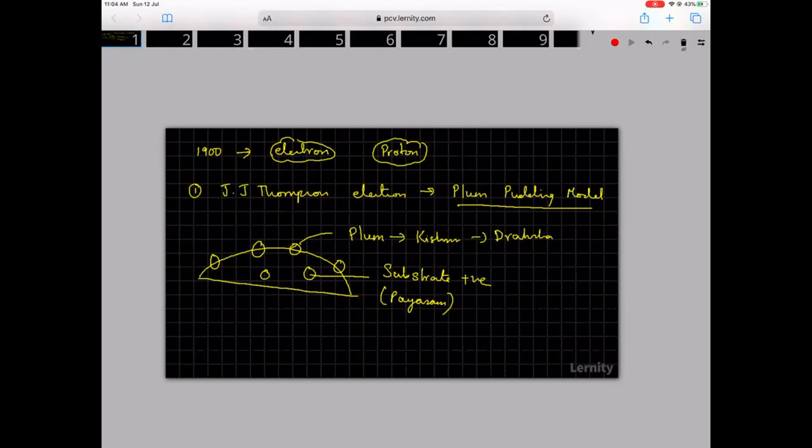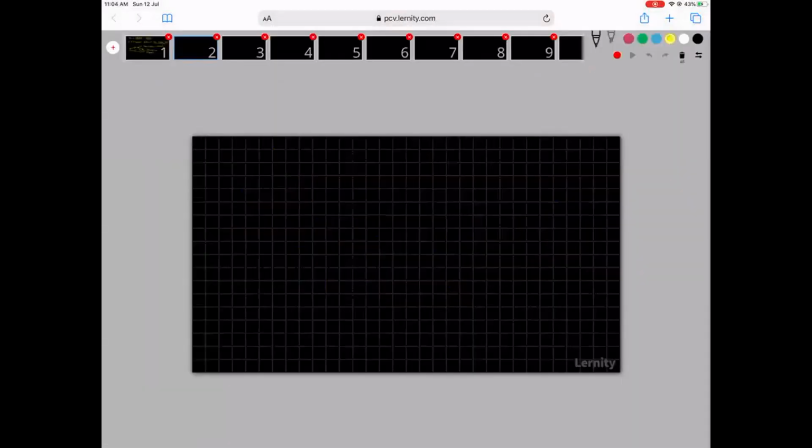Nobody liked this particular model of an atom, but J.J. Thomson's student Rutherford did a few experiments, which we call the gold foil experiment.